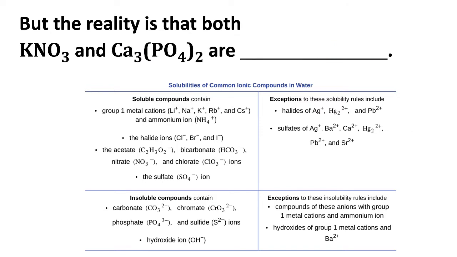Now, the reality is that's kind of a simplistic way to look at things. In fact, both potassium nitrate and calcium phosphate are partially soluble. Potassium nitrate's much more soluble in water. Calcium phosphate is much less soluble in water, but both of them do have some ions in solution and do have some amount of solubility.